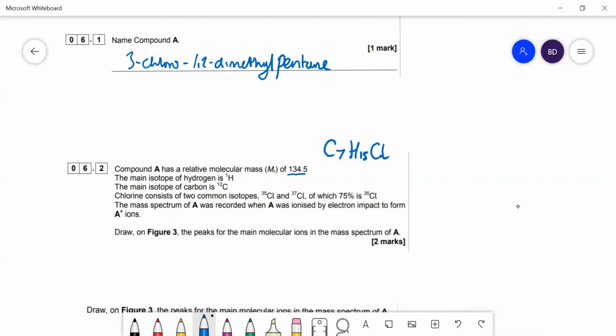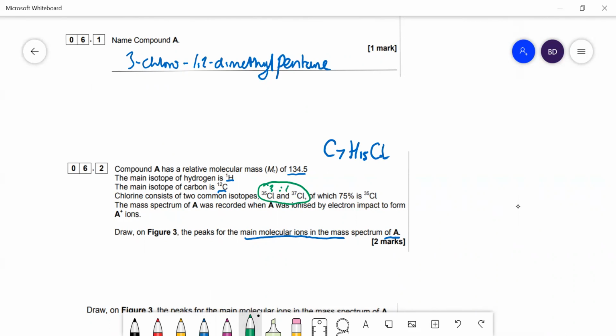Draw the peaks for the main molecular ions in the mass spectrum of A. Right, now it tells us we can just presume that all the hydrogen is 1H and all the carbon is 12, but we have to be careful with chlorine because chlorine is a mixture of 2 isotopes. It's 35 and 37, and you find them in a 3-to-1 ratio, 75% to 25%.